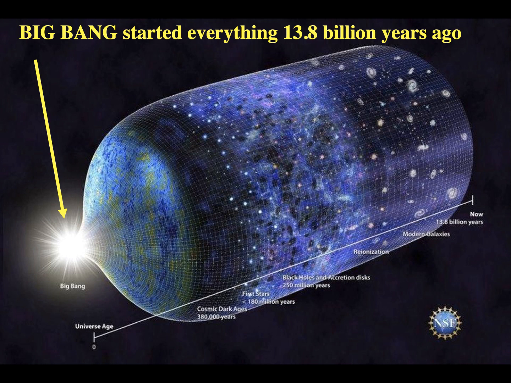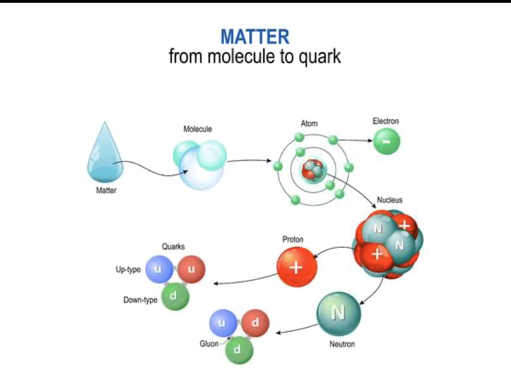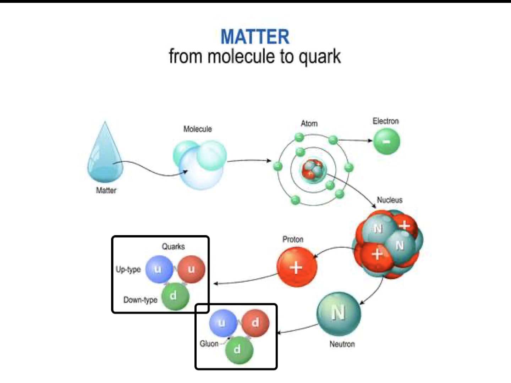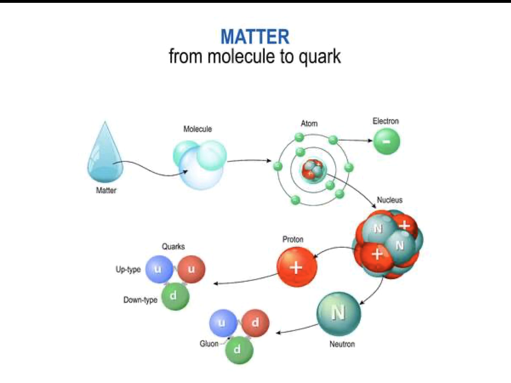So what happened at the Big Bang? How did these elements come to be formed? Well, if you look just at a water molecule, it has the nucleus and the electrons going around in each one of the atoms. Then if you look at the nucleus, it's made of protons and neutrons. But protons and neutrons are actually made up of quarks called up-type and down-type quarks.